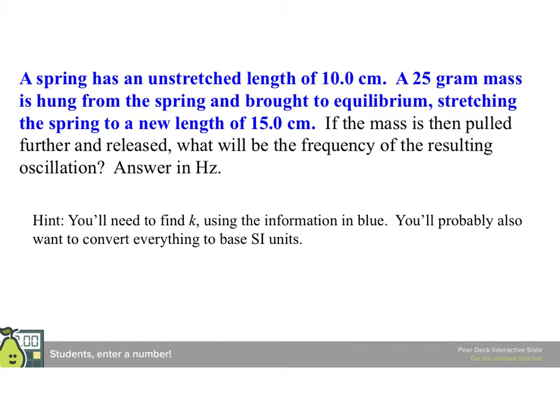So, picture is we have a spring and it's 10 centimeters, and then somebody adds some stuff to it, and now it's 15 centimeters, which means it's stretched by 0.05 meters.